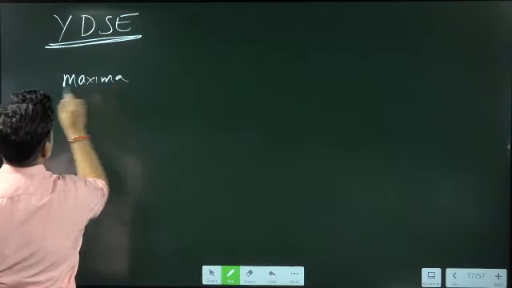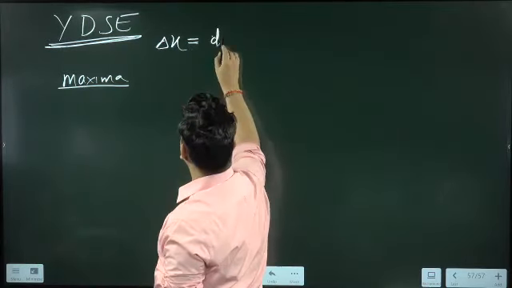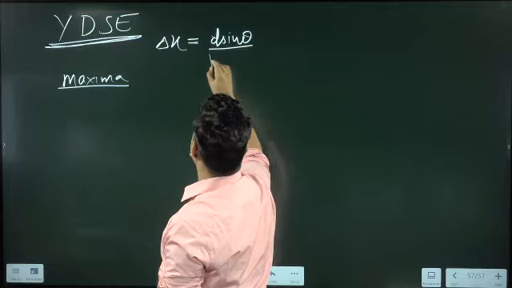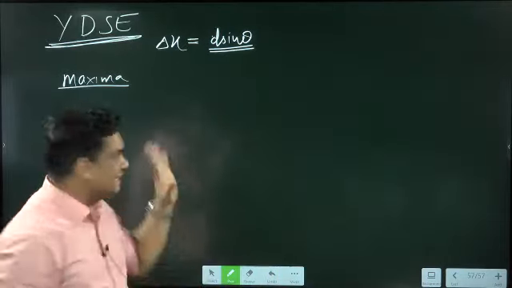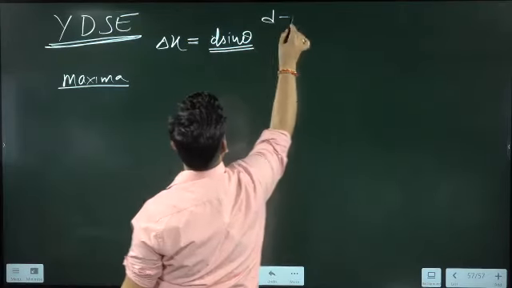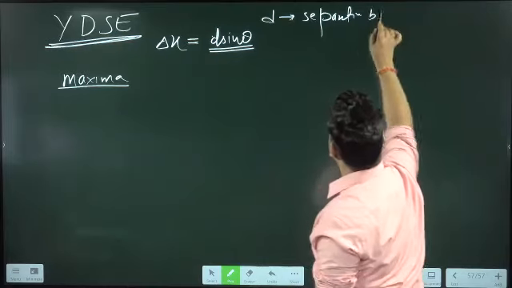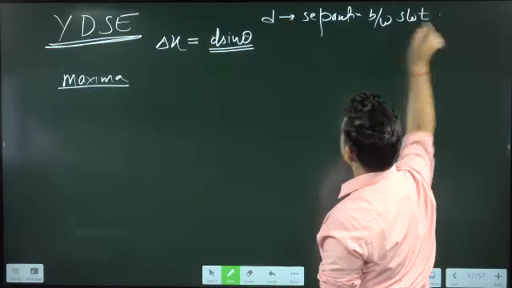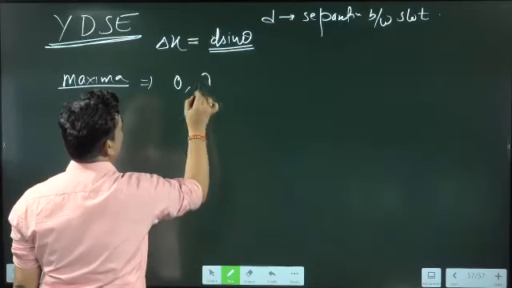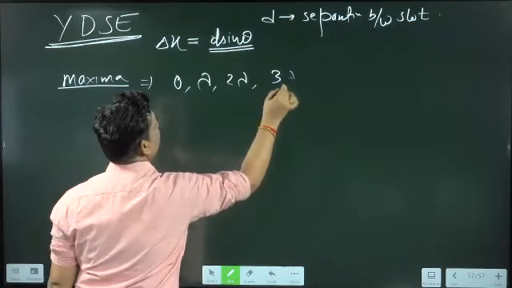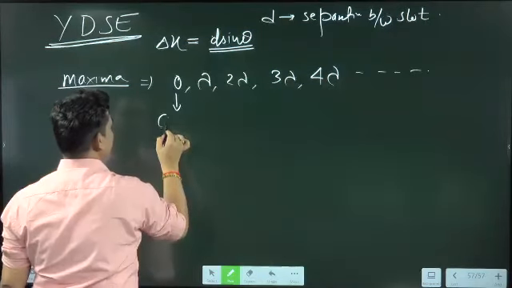For maxima, delta x is always d sine theta, where d is the separation between the slits. For the maxima, path difference is 0, then lambda, then 2 lambda, then 3 lambda, then 4 lambda, and so on.